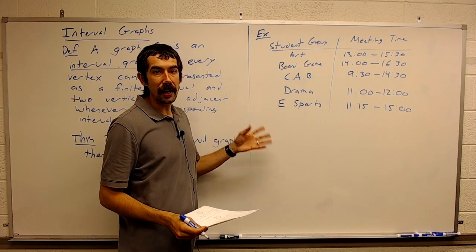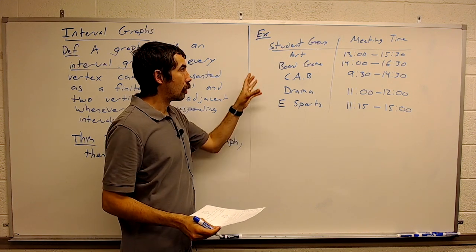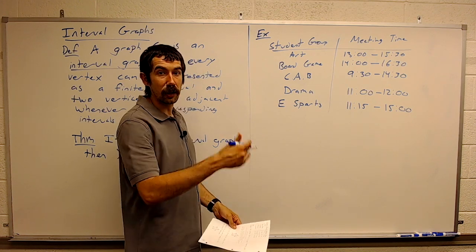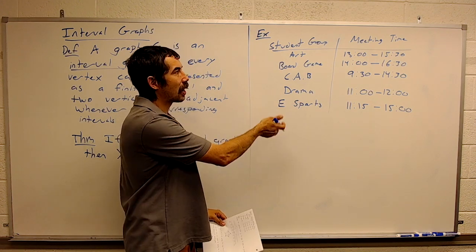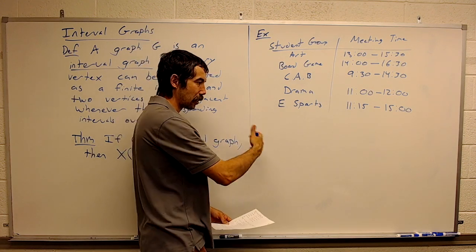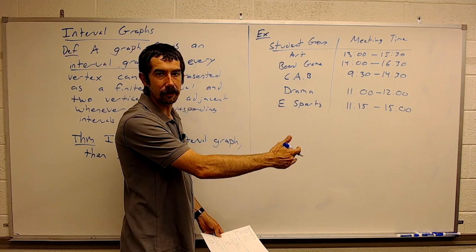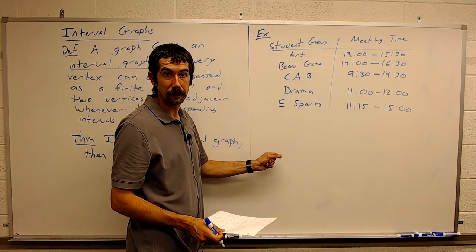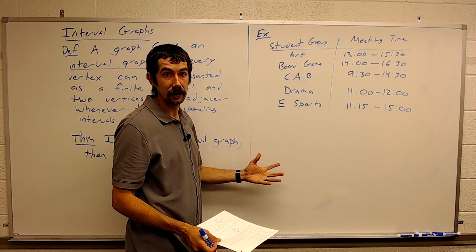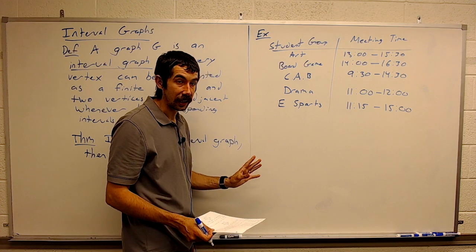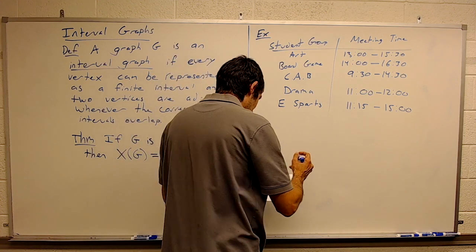All right, and we want to make a graph to model these conflicts. And so the first thing we should do, I mean, we could kind of just look at it in this example because we only have 5, but the first thing we should do is draw out a timeline and represent each of these clubs as intervals on the timeline. And then from there, we can make a graph very easily. All right? So here's our timeline.